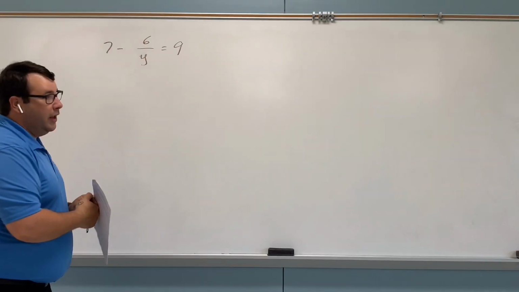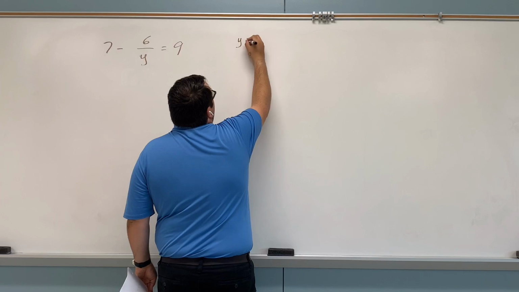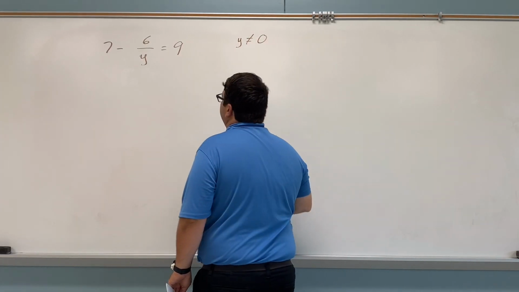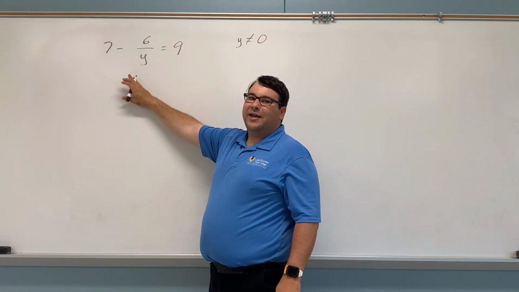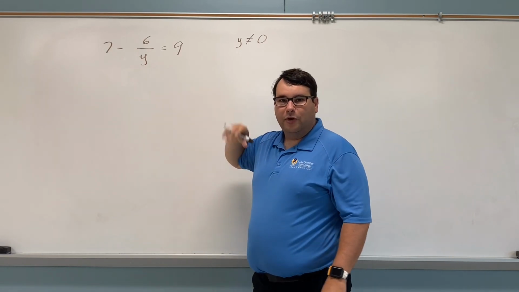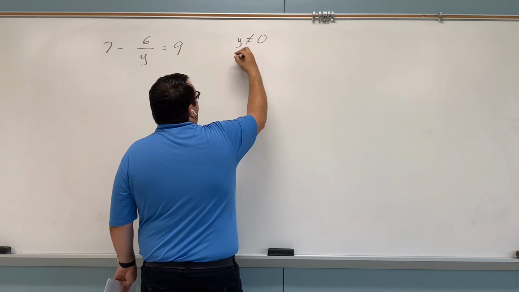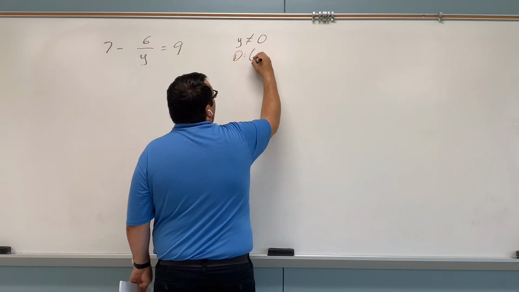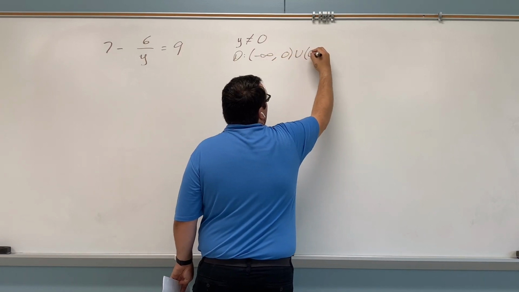In this case, I only have 1, and I'm going to set it so that y cannot equal 0, like I did before to find my domain. This is already simplified, so I know my domain is everything except for 0.